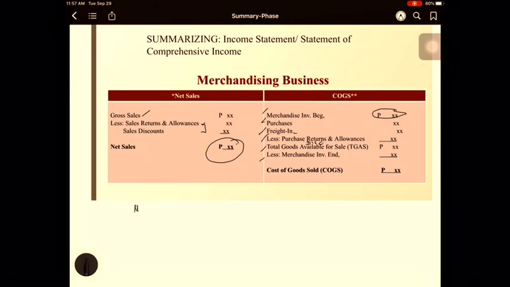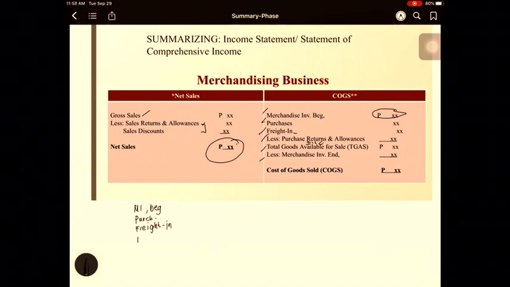So you have there your merchandise inventory beginning. You add your purchases, the additional merchandise inventory that were purchased during the year, and then your freight in, the amount of delivery cost that is going to be added to the amount of our merchandise inventory.